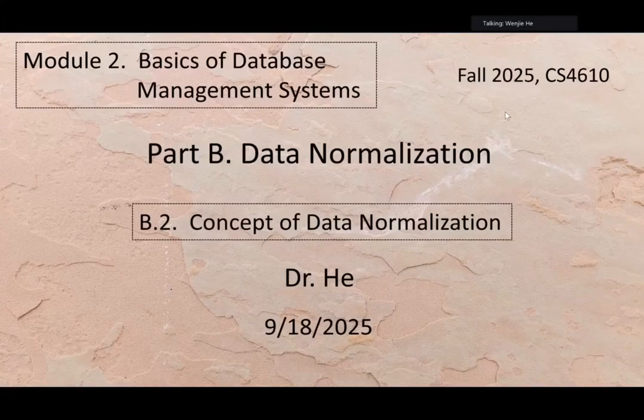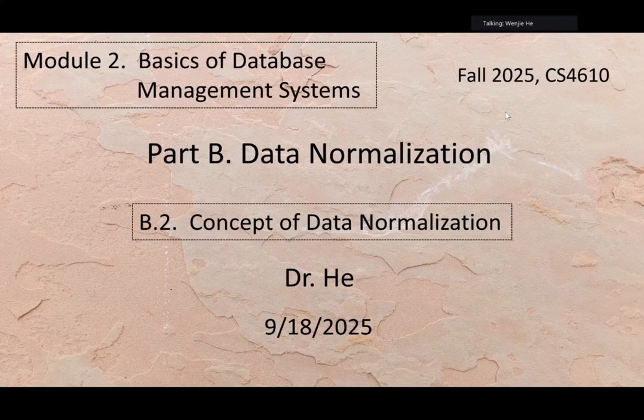But next, D.2, concept of data normalization. Because of the drawbacks in B.1, it looks like all those things are not good, so we want to remove redundancy first.